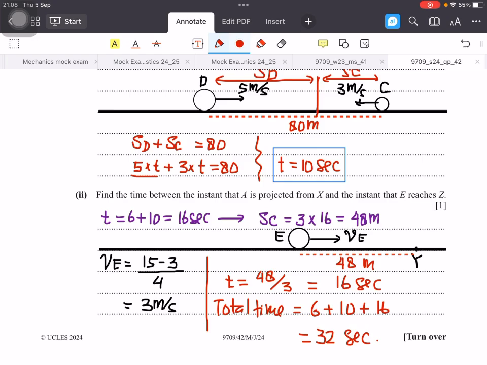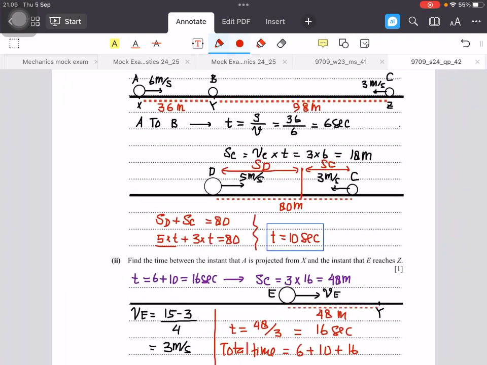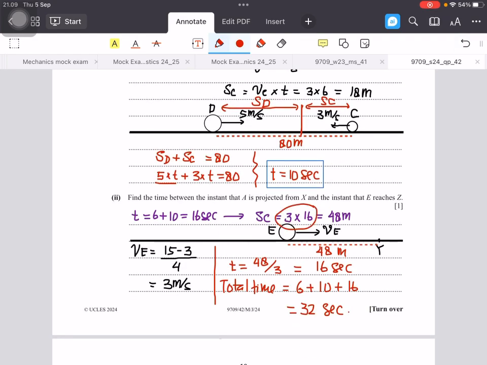Now SC here is the distance traveled by object C until it collides with object D to form object E. So SC is 3 times 16. 16 seconds is the time from when object C is projected until it collides with object D. So the distance traveled by object C until it collides with object D is 3 times 16, which is 48 meters.